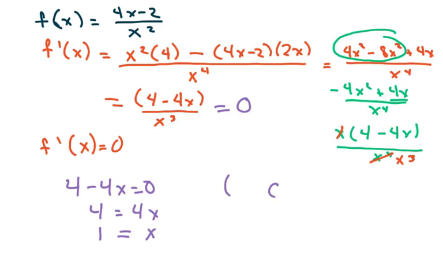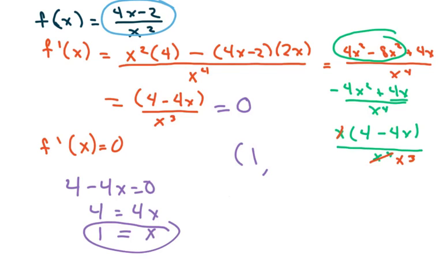So when x is 1, f has a horizontal tangent. Right here, you have to plug that back into this equation. So you get 4 times 1 minus 2 over 1, and that's going to give you 2. So f has a horizontal tangent at (1, 2).